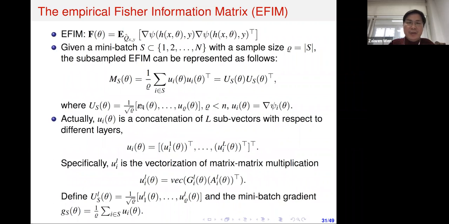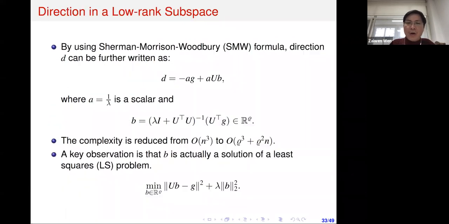U is all those gradients per example, and G is the mini batch gradient. Therefore, the natural gradient direction is a linear combination of the gradients. So essentially it's a kind of gradient type method.